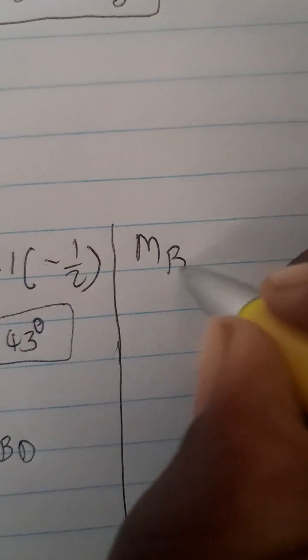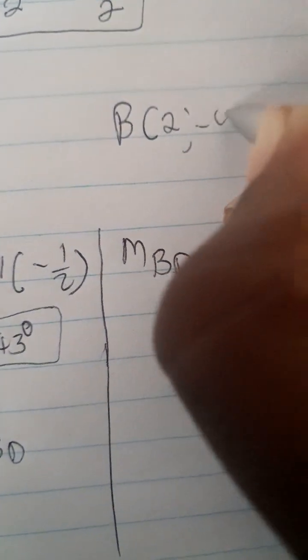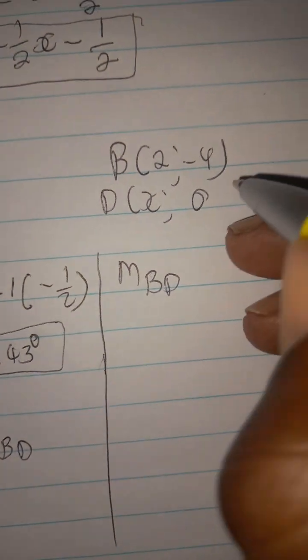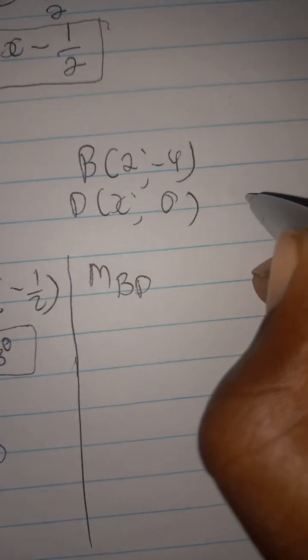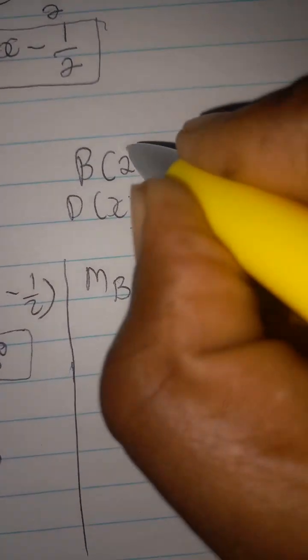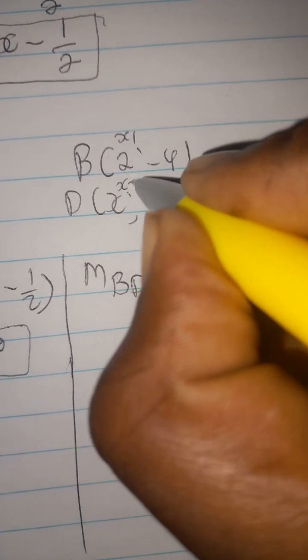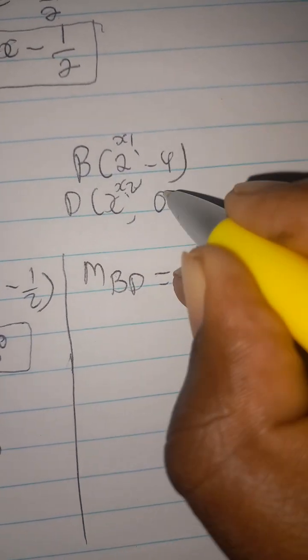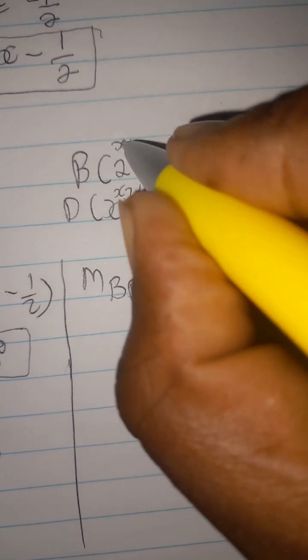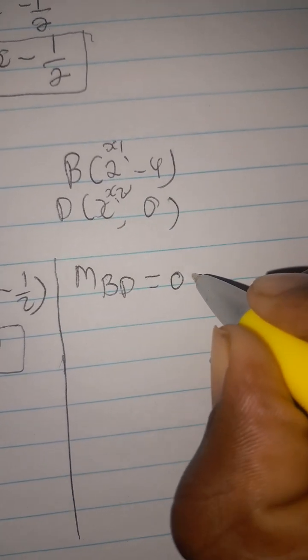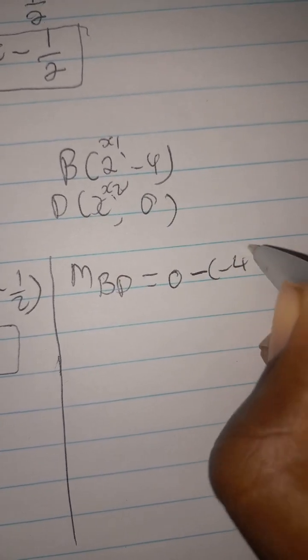Remember that our B was given as (2, -4), and our D was (x, 0). Let's calculate this. This is X1, X2, and Y1, Y2. Our Y2 is 0, our Y1 is -4.